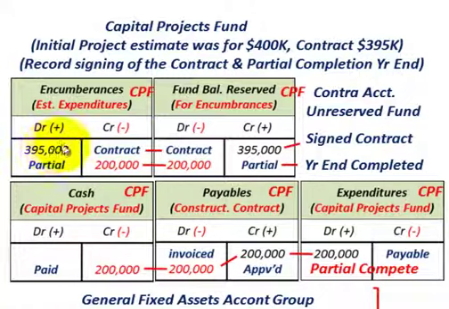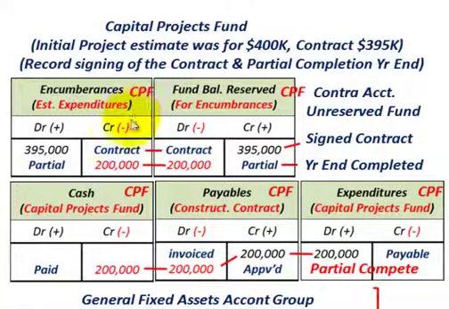When we talk about estimated expenditures, we would have put down the $400,000, but since we have a signed contract, we know what it's going to cost us. We're going to debit our encumbrance account for $395,000 for that contractual cost, and then our fund balance reserved for encumbrances, we would credit for $395,000, the signed contract amount.